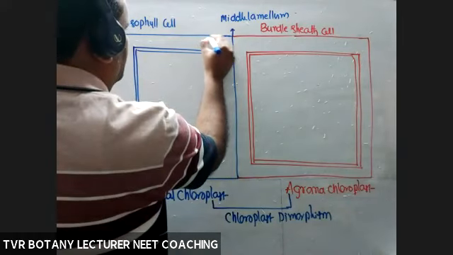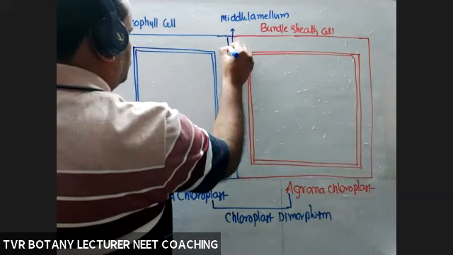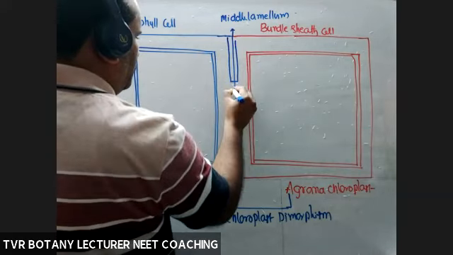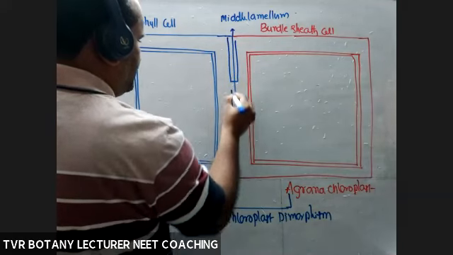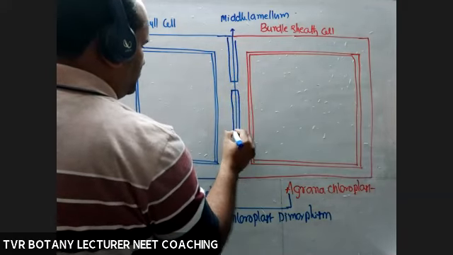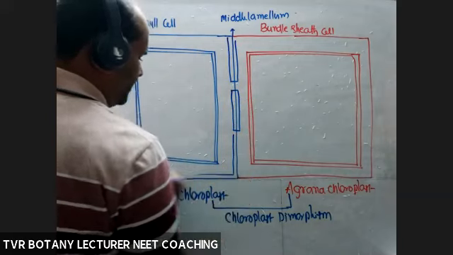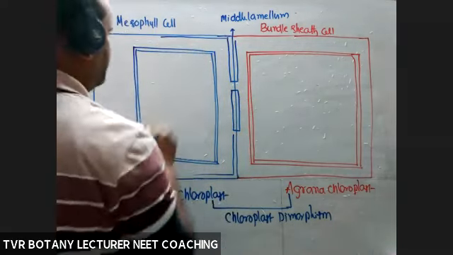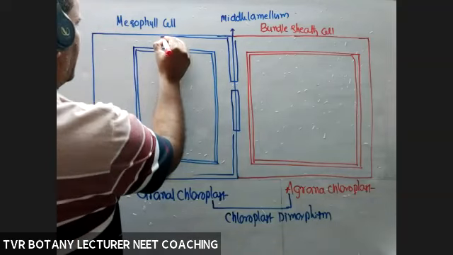And this one is a primary wall. Primary wall. And here and there pits are present, thin areas. And continue it. And below that one, plasma membrane.